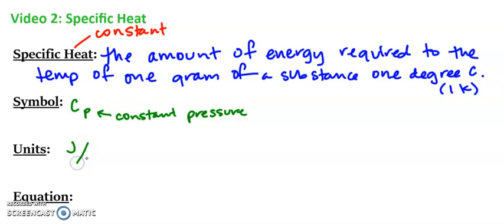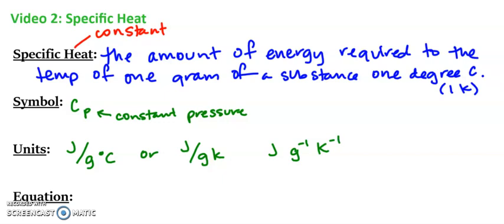So per gram per mass and degrees Celsius, or it could be joules per gram Kelvin. Same thing, same value, because changing 1 degree Celsius is the same as changing 1 degree Kelvin. IB, as you probably know, likes to write it like this because they don't like the units in the denominator.